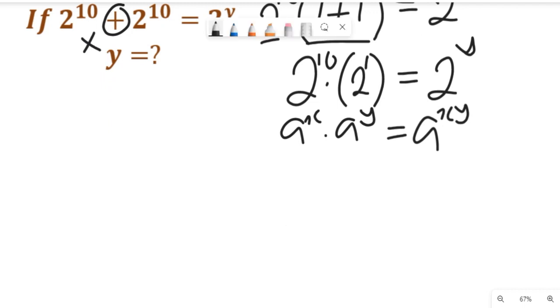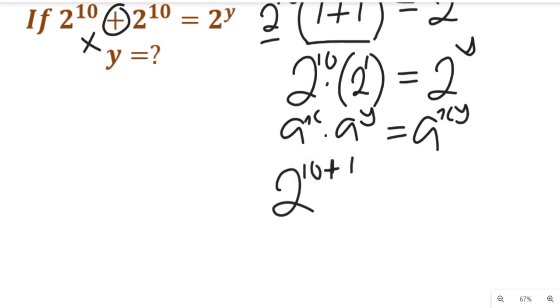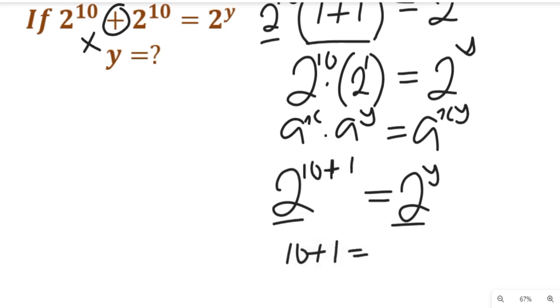We're going to find out that we'll have 2 to the power of 10 plus 1, and that will be equal to 2 to the power of y. Same base, the powers equate. So we'll have 10 plus 1 equal to y. And finally, we can see that our y is equal to 11.